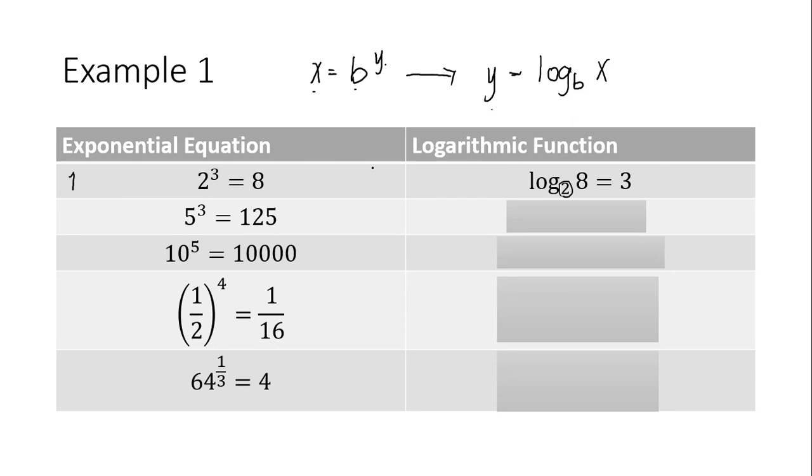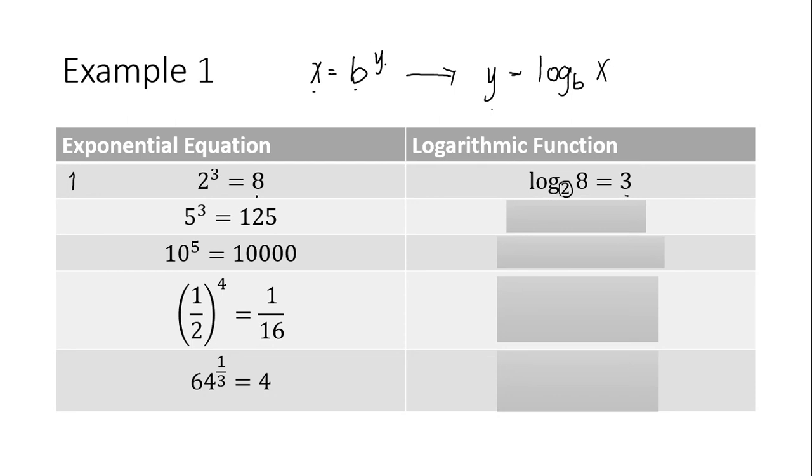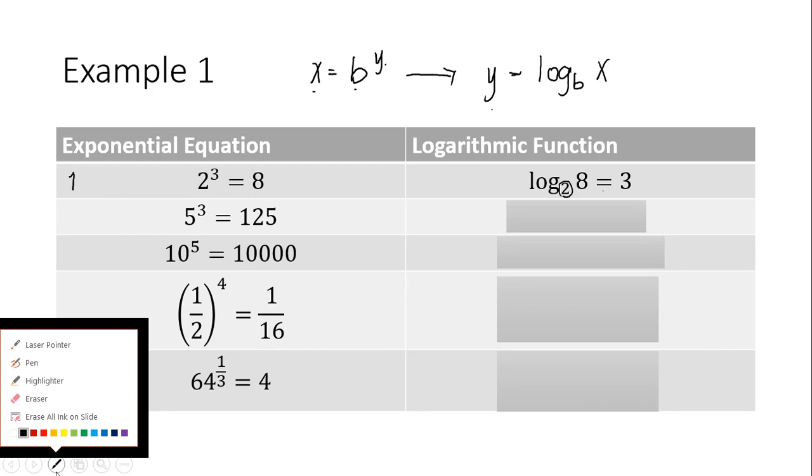Ito naman pong exponent ni 2, which is that is letter Y, makikita natin siya sa kabilang side ng function po natin. Okay? And then this letter X, yung 8, makikita natin siya sa tabi po ni logarithm. And again, once we read this function, we have the logarithm of 8 to the base of 2 is equal to positive 3. Okay?